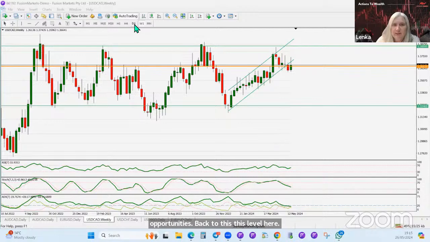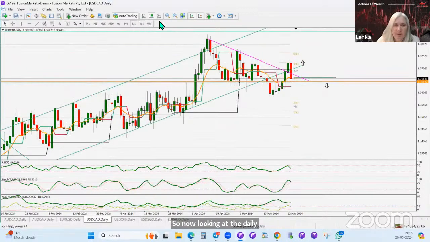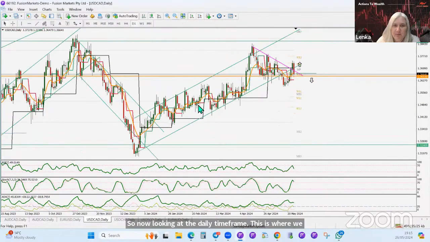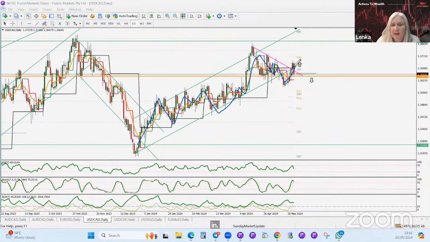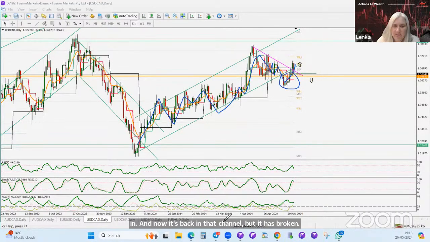So now looking at the daily time frame, this is where we're on the daily time frame. So we've got that channel up that the price was going in, and now it's back in that channel, but it has broken here underneath. So just make that a bit bigger.